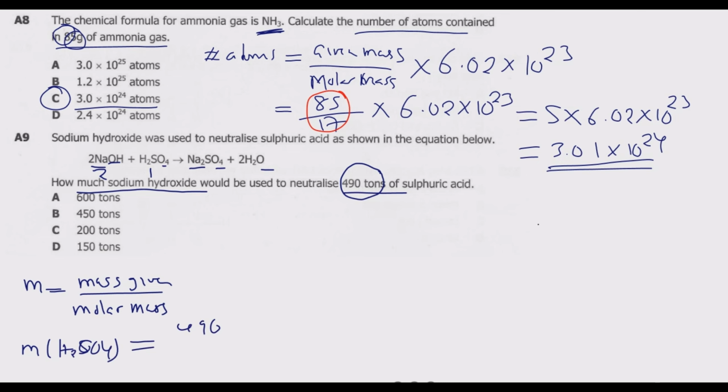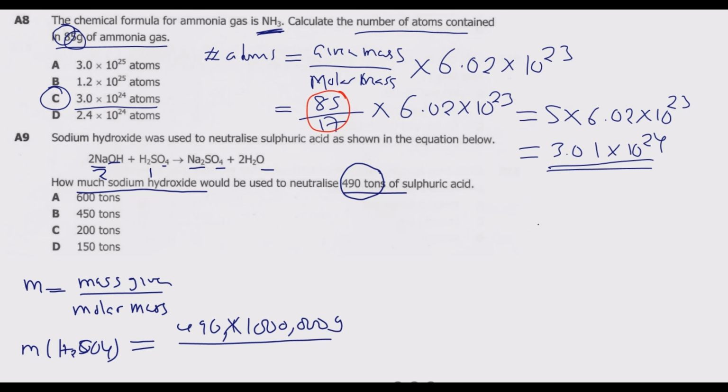Now these tons should be converted to grams. There are 1000 grams in 1 kg, and there are 1000 kg in 1 ton, so we need to multiply 1000 by 1000. This gives us 490 multiplied by 1 million, which is 1000 by 1000, to convert it to grams.